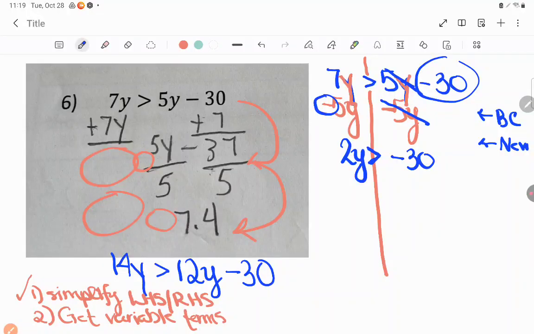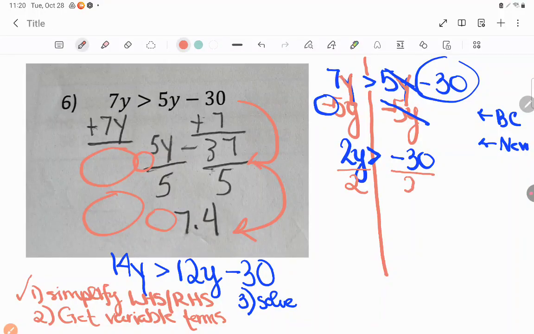All right. And now we can see, now that we got those variable terms together, it's going to be really easy to isolate the variable. Get the letter alone by using those inverses, those opposites on both sides. So since that's 2y, the 2 and the y are multiplying. So I'm going to make a change. I'm going to divide by 2. And of course, my change is always balanced. If it's written in orange, if it's written in my other color, if it's a change I'm making, I do it on both sides.